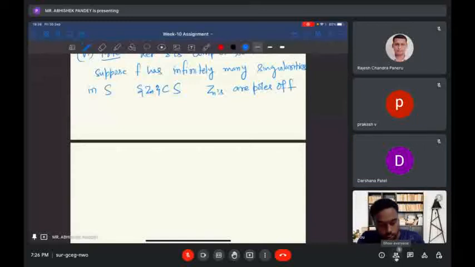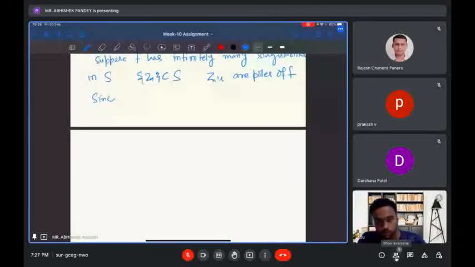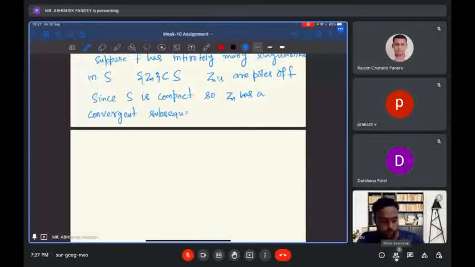And now since S is compact, Zn has a convergent subsequence. Say Z n_k converges to Z naught.